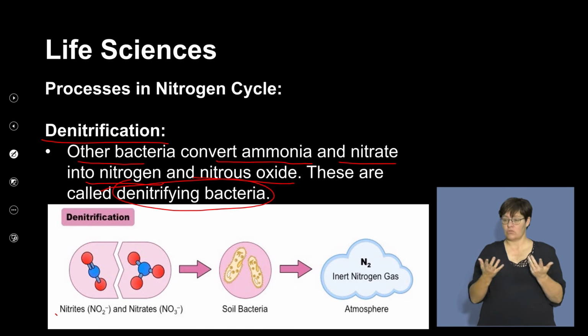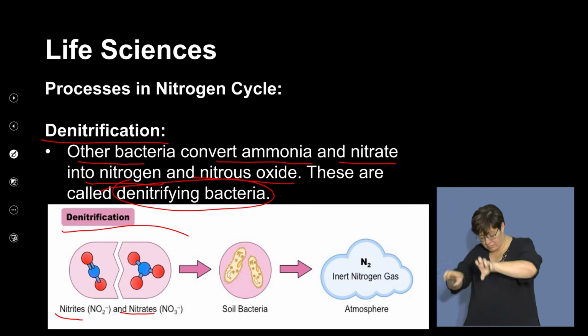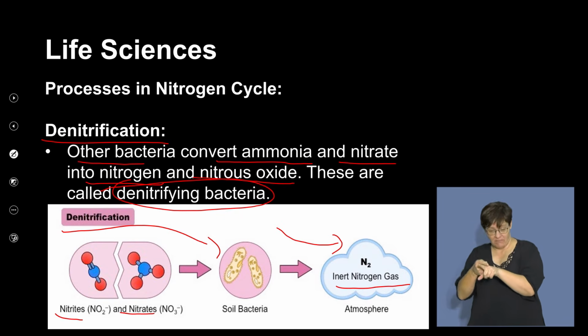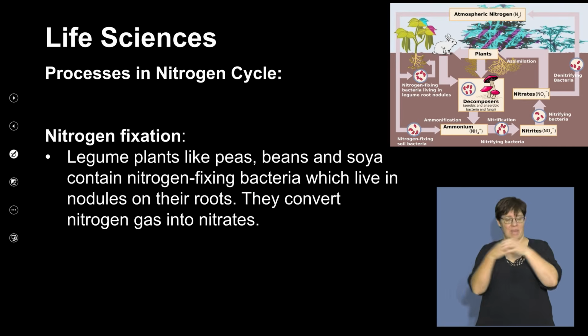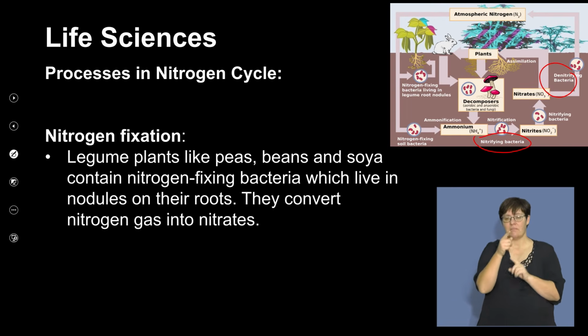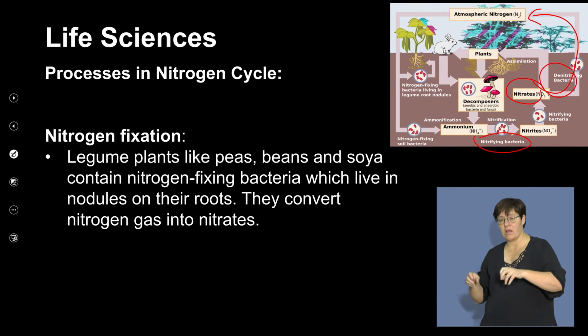So as I mentioned, the nitrites and the nitrates are then broken down using bacteria, which are called your denitrifying bacteria, and these in turn release the nitrogen gas into the atmosphere, again cycling that back into the atmosphere. We see that here, the nitrifying bacteria as well as the denitrifying bacteria helping the nitrates and releasing them back into the atmosphere.